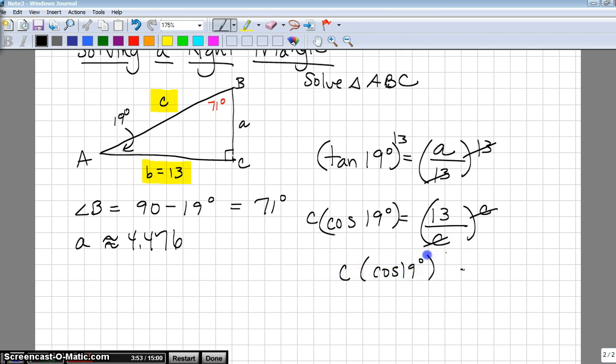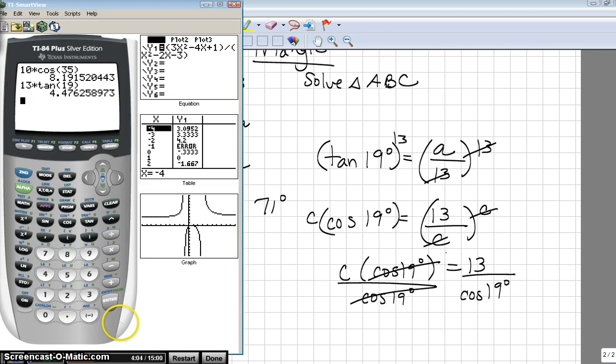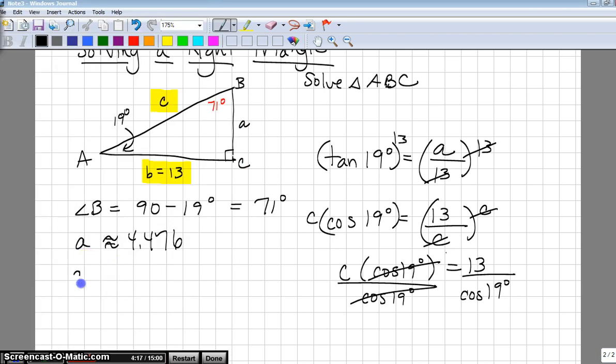Then we're going to get c by itself by dividing both sides by the cosine of 19 degrees. So we go to our calculator and we do 13 divided by the cosine of 19 degrees, approximately 13.749. So c is approximately 13.749.